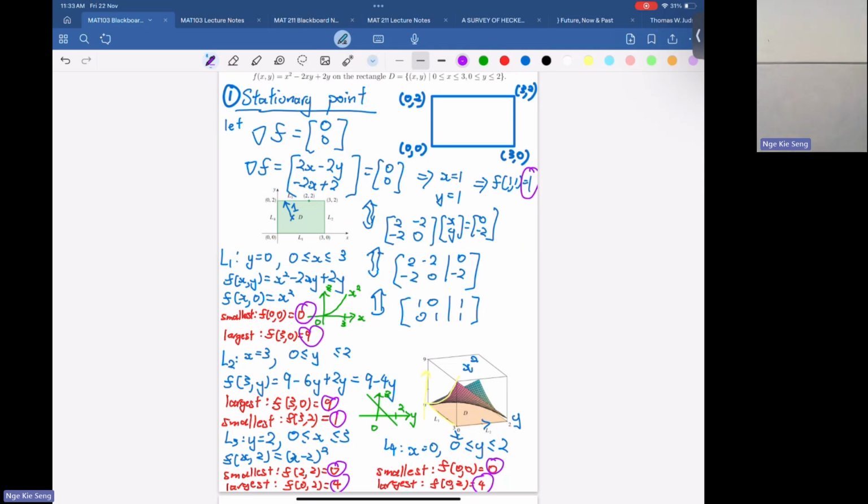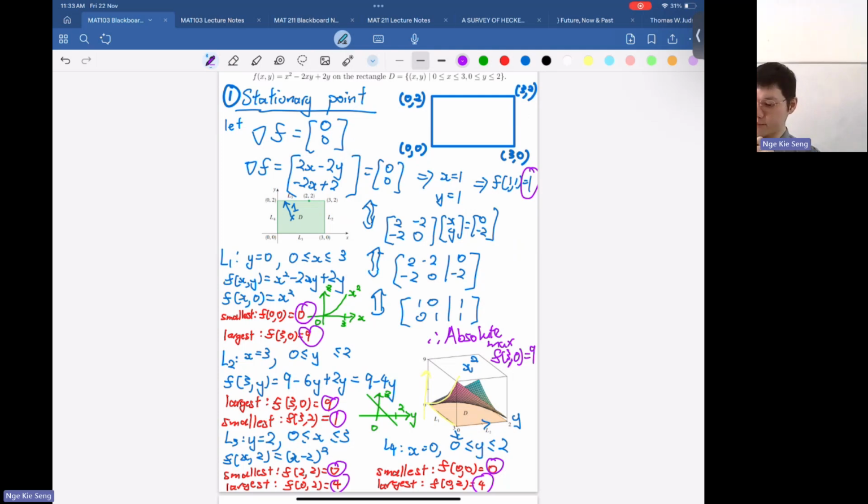Which one is the largest one? So we only got 0, 1, 4, 9, right? Okay, 9 is the largest one. And then what's the smallest one? The smallest one is the 0 point. Okay. How many points have absolute maximum? 3, 0 and just 3, 0. Okay, so we have absolute maximum at F(3,0), which is equal to 9.